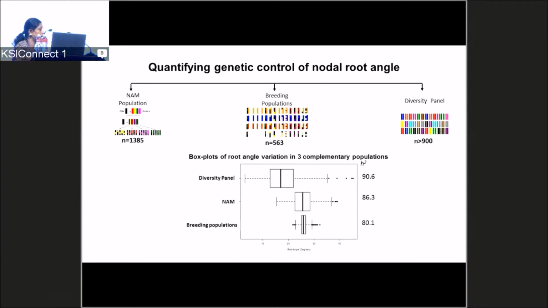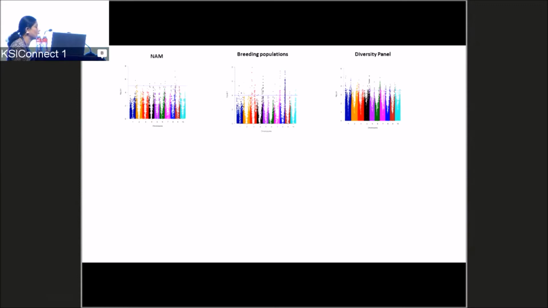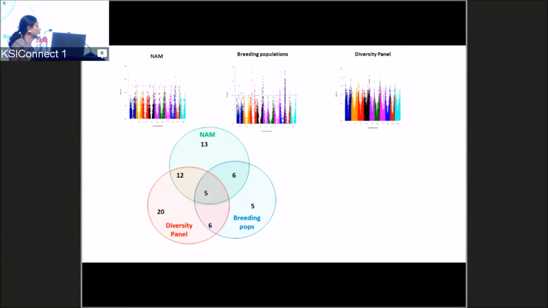We also have high density SNP data for all of these 3 populations, and we have combined this with phenotypic data to identify regions of the genome significant for nodal root angle between and within the populations. We have identified 30 different regions between the populations and 5 regions in common between all the 3 populations.